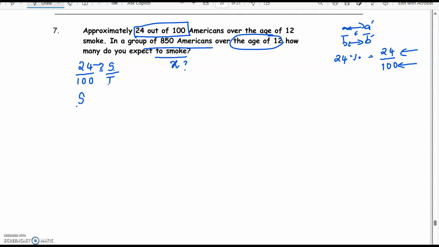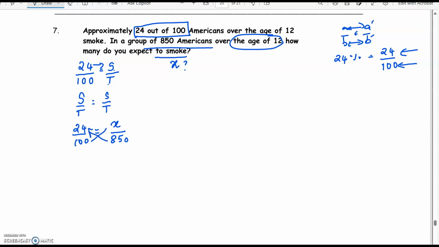So we set up an equation, smokers over total equals smokers over total. 24 out of 100 Americans smoke, which means 24% of Americans smoke. If there are a total of 850 Americans, how many smoke? So we don't know what x is. x is the number of smokers in a total of 850.